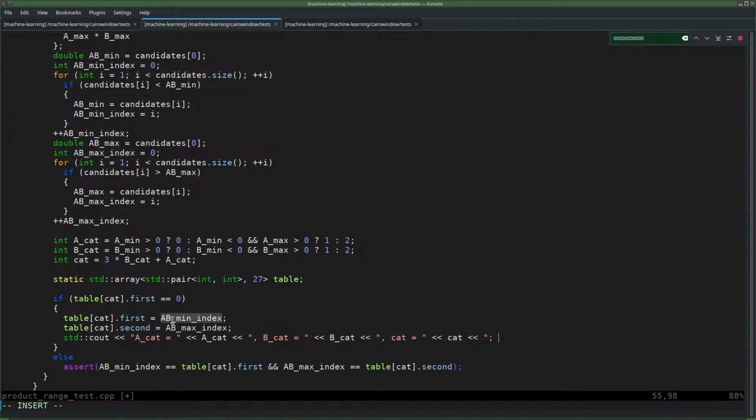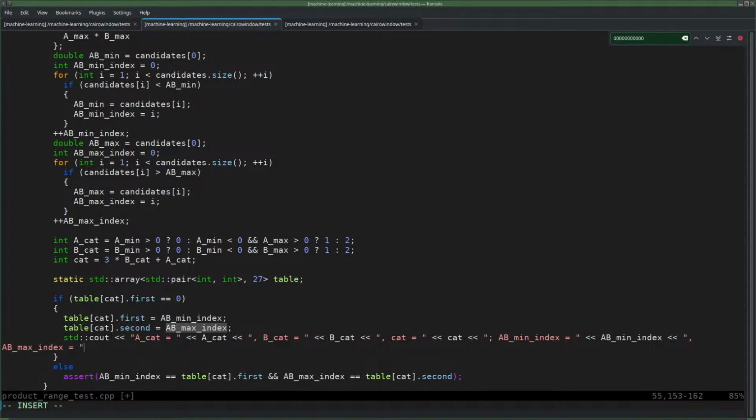And then we have the AB min index. AB min index. And the AB max index is AB max index.